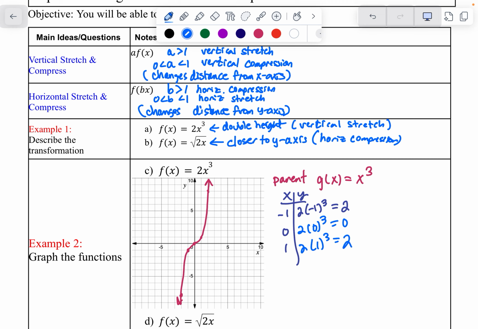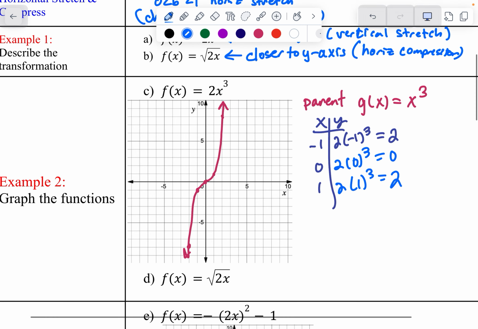So let's draw the new f of x function next to our parent function, and let's see, it's like we pulled those strings, those arms, and it should be a little higher than we expect. Well, 0 is still 0. At +1, now we're at a height of 2. At -1, now we're at, I'm sorry, that's -2.